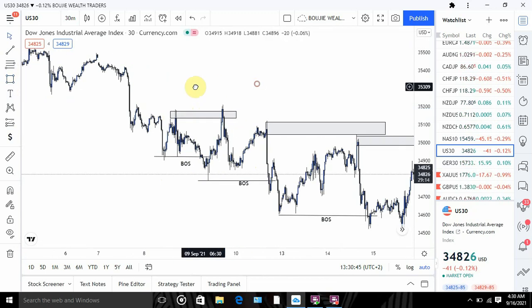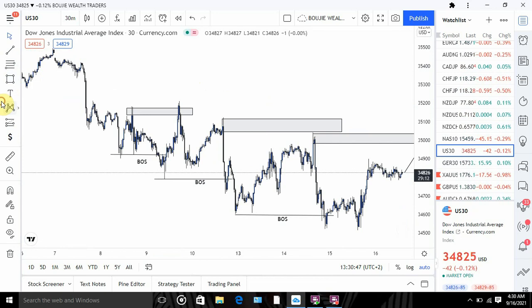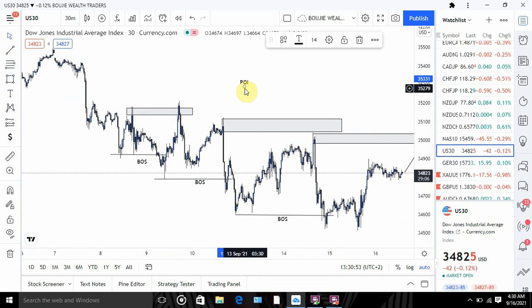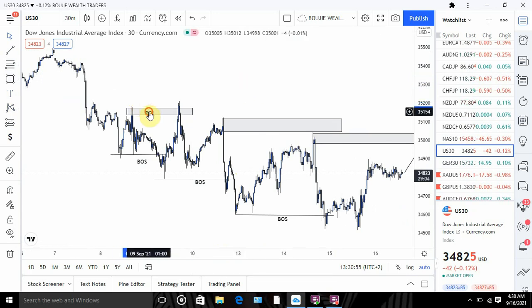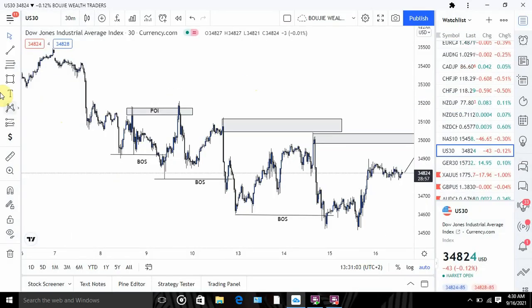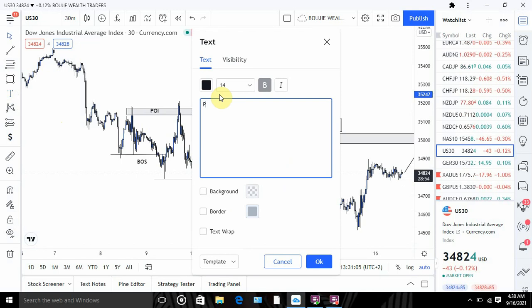These are our order blocks, this is our point of interest.